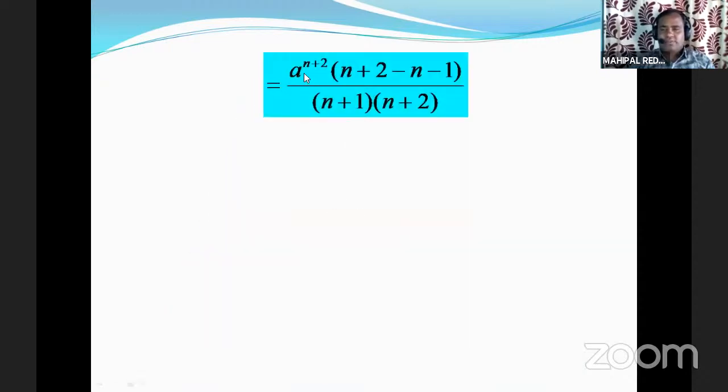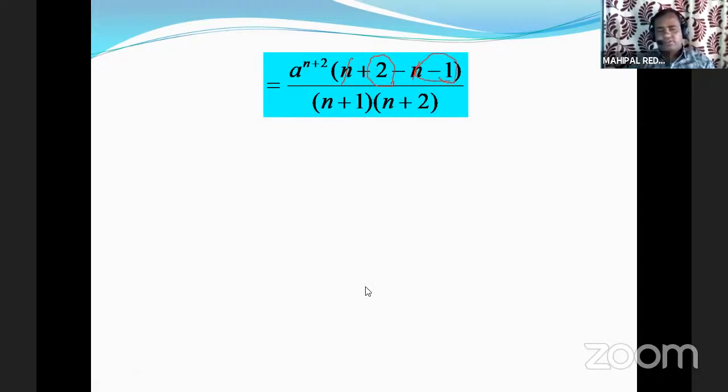Actually, I'm taking a power n plus 2 as common. LCM is n plus 1 into n plus 2. When it is LCM now, 1 into n plus 2 minus 1 into n plus 1. Minus 1 into n plus 1 is nothing but minus n minus 1. So plus n minus n get cancelled. And remaining is 2 minus 1, nothing but 1 only.